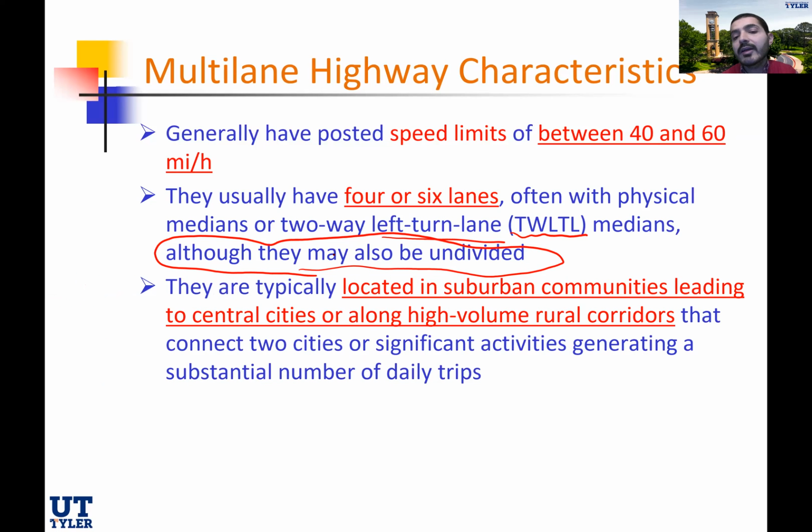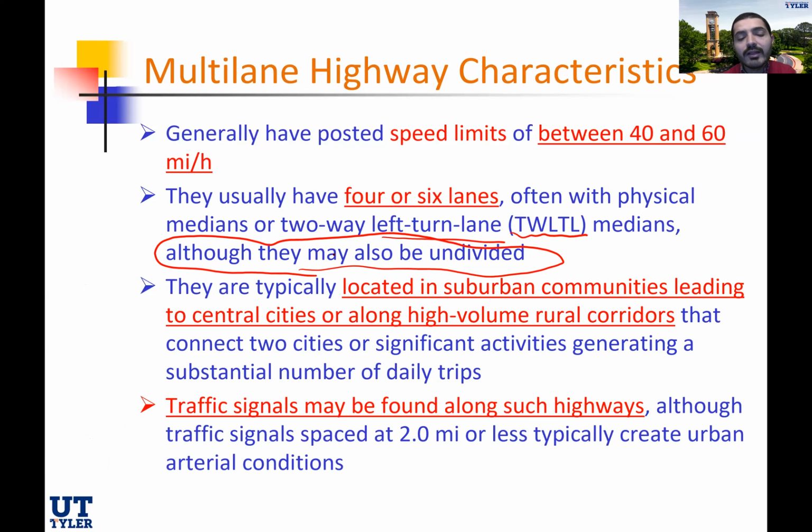They are also typically located in suburban communities that lead to some bigger central cities or high volume rural corridors. And those kind of corridors typically will connect two or more cities of significant activities, generating a substantial number of daily trips. Also, another difference is the traffic signal. For a multi-lane highway, we're going to start to see traffic signals along such highways.